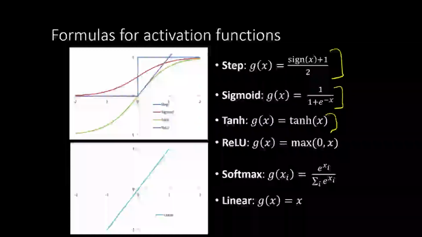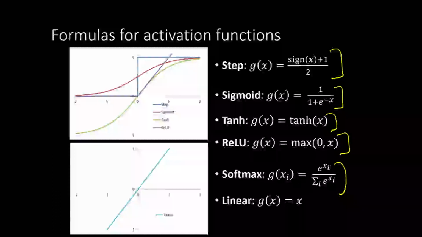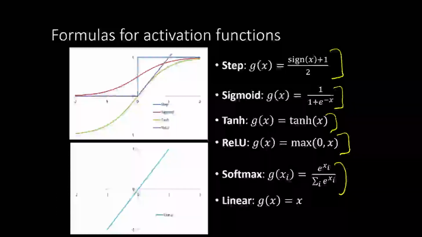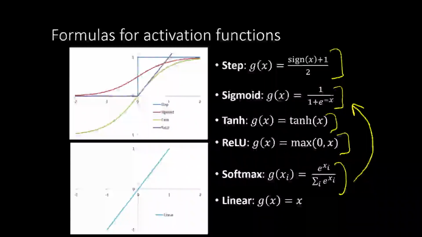And then we have ReLU, which is just max of 0 and x. And then we have softmax, which if you take i equal to 2, takes a form very similar to sigmoid. It's basically just a 2-dimension or 3-dimension or n-dimension generalization over sigmoid.